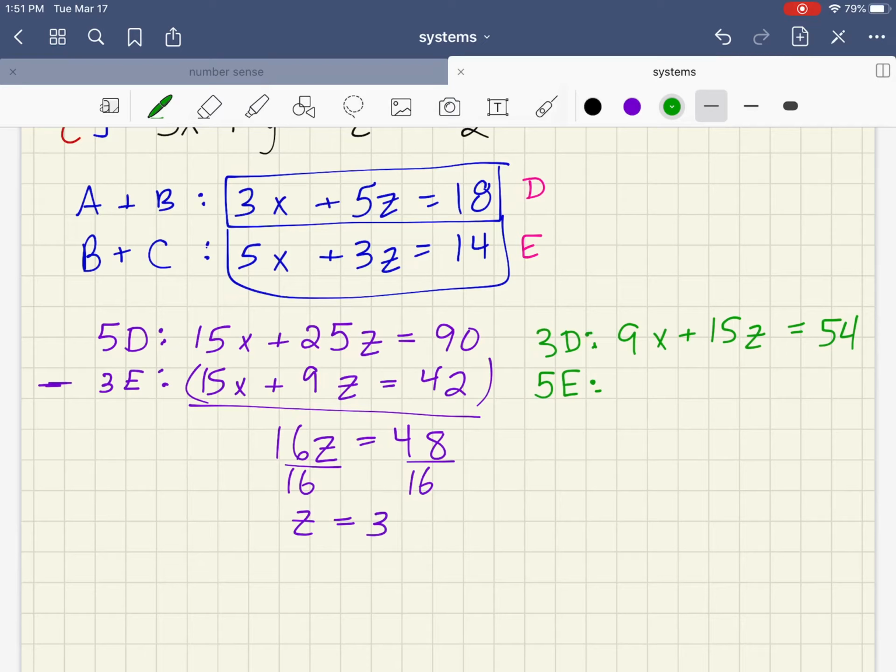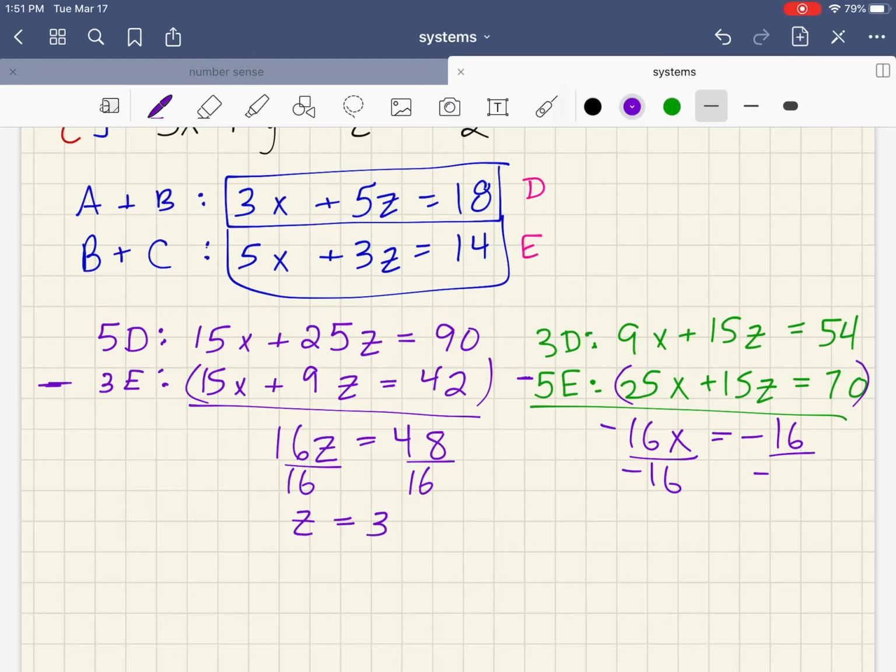And 5 times E is 25x plus 15z equals, I believe it's 70. I'm going to subtract. I get negative 16x equals negative 16. Divide by negative 16, divide by negative 16, and x equals 1.